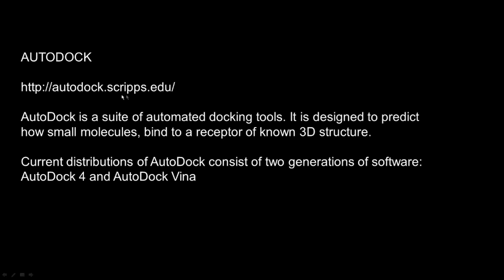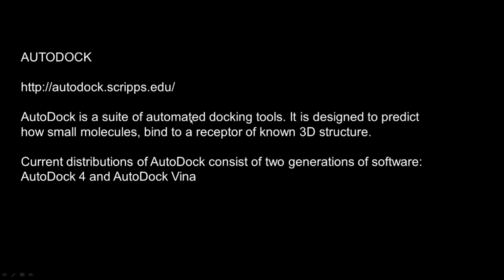This is AutoDock, from the scripps.edu site. This is a suite of automated docking tools. I will show you later. It is designed to predict how small molecules bind to a receptor. It can calculate binding energies. We have AutoDock 4 and AutoDock Vina, which can do the job. Then we also have SwissDock, at www.swissdock.ch.